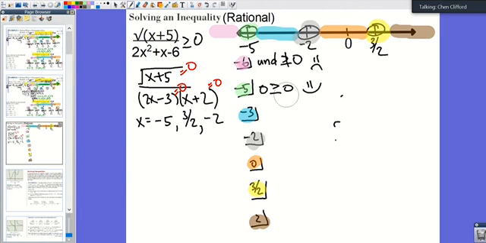-3. Here's where things start getting a little bit interesting. Still not hard. -3 plus 5 is a positive number. Square root of a positive number is a positive number. Let me do it diagonally. -3 times 2 is -6, minus 3 is -9.